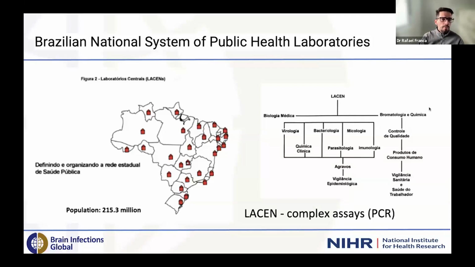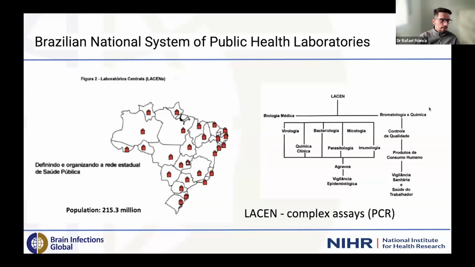All the samples are usually forwarded to these laboratories to perform molecular tests, for example PCR, and other more complex tests. Of course, this represents a gap, a challenge to the health system to achieve the correct diagnostics in proper time. Additionally, the logistics of transporting samples and ensuring their integrity during transit add to the complexity of the diagnostics process.